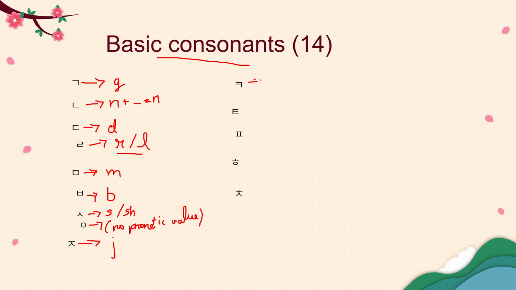Now this one has the sound K, K. It is not the plain K. And this one has the sound T, T, because it is in the aspirated group, not the tensed consonants.